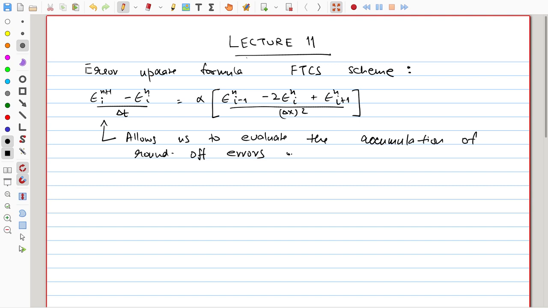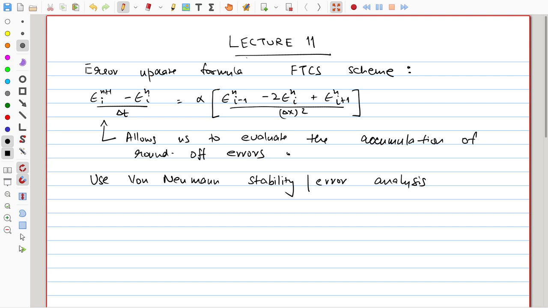So that's what we want to figure out. For this we will be using something called von Neumann stability or von Neumann error analysis. So that's what we will discuss in this lecture number 11.